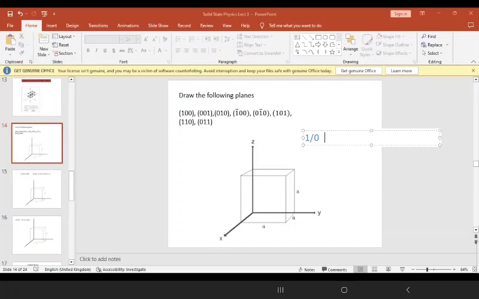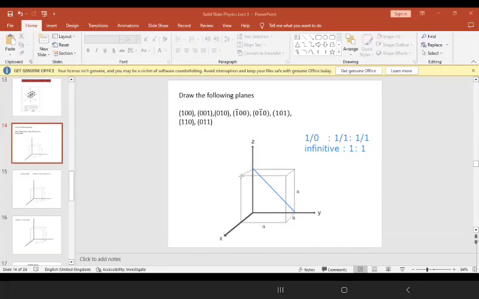0, 1, 1. So 1 over 0 is infinity, 1 over 1 is 1, 1 over 1 is 1. So x-axis infinity, and y and z-axis are 1. Here y-axis 1, z-axis 1, so you can connect those 2 points.